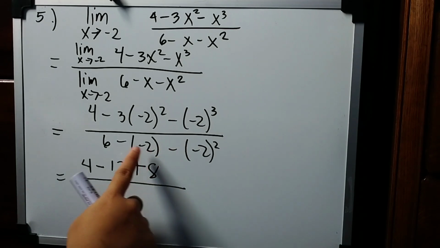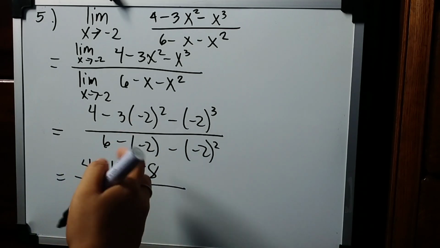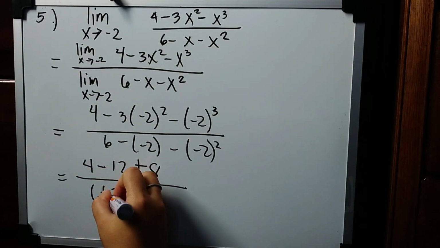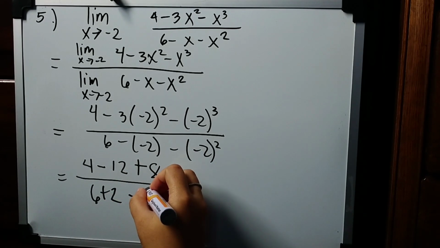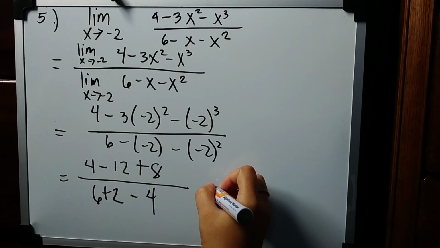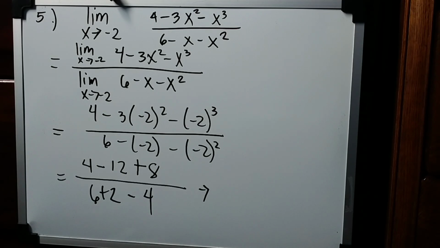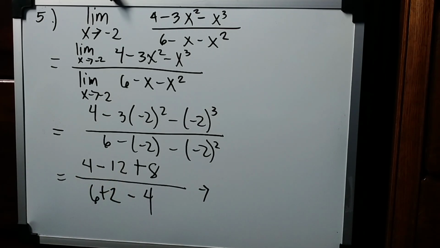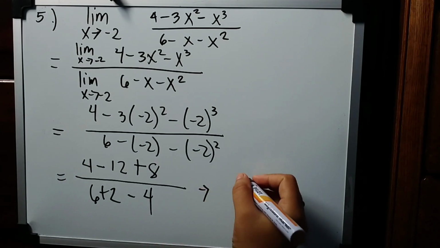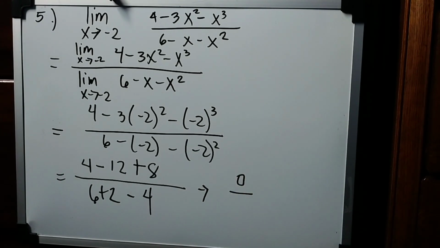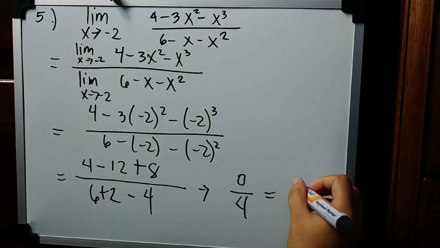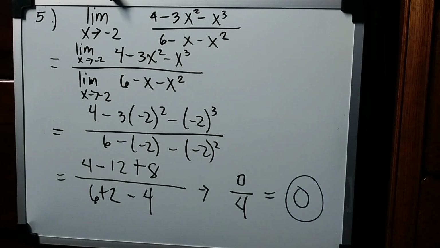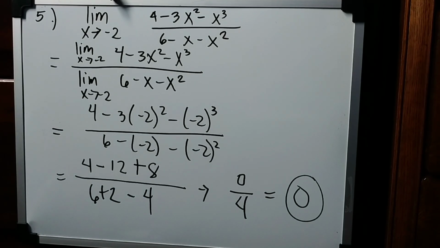And then here for our denominator we have 6 minus 2, this will become 6 plus 2, and minus 4, which is equal to, we have here 4 minus 12 is equal to negative 8, and negative 8 plus 8 is equal to 0. Then our final answer is 0. So for the fifth function, we have the limit of 0.